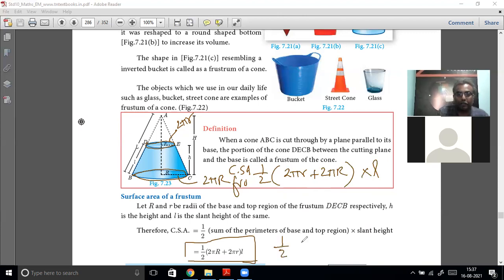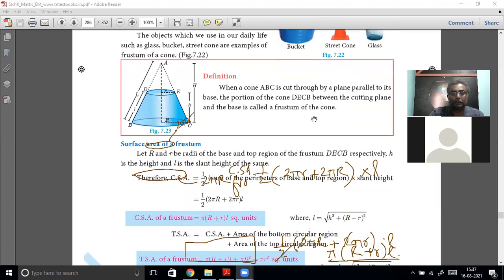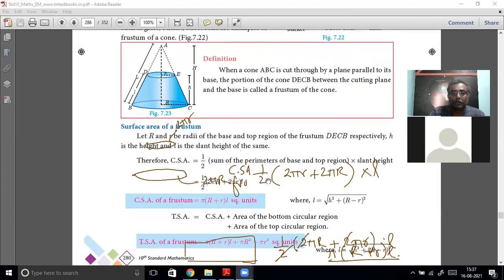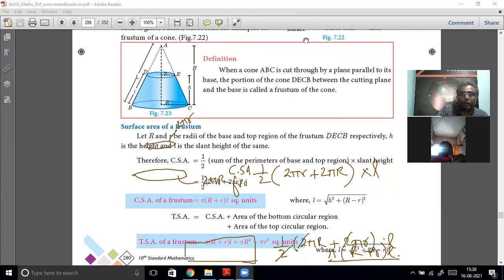Average means half into (2 pi big R plus 2 pi small r) into L. The 2 will cancel off. That means take the pi outside: pi into (R plus r) into L. That is the answer, that is the formula. Normally for a cone, what is the formula?